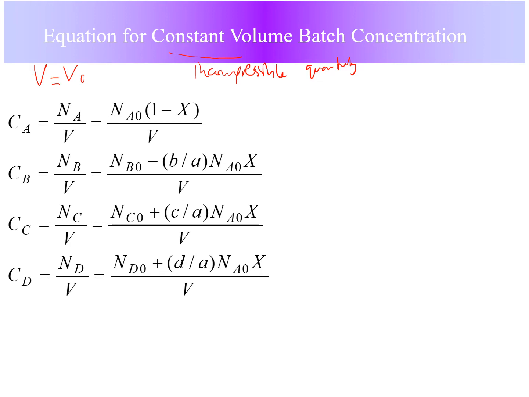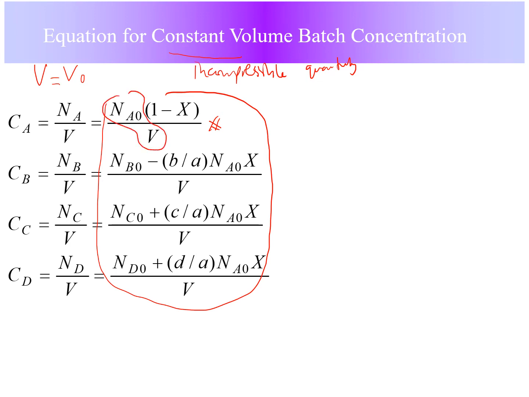So remember, as I told you, what we want to do is to convert the number of moles into concentration units, because usually the value will be given in terms of concentration rather than the number of moles. So from here, remember this is the one that we obtain from the stoichiometric table. If you can see for the CA, you can convert Na naught over V into CA.